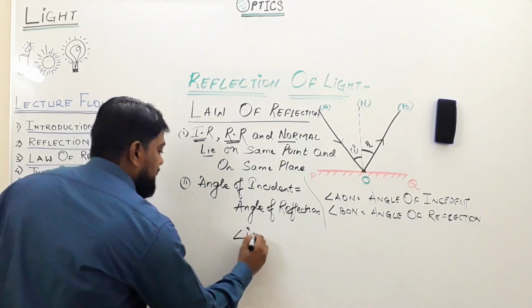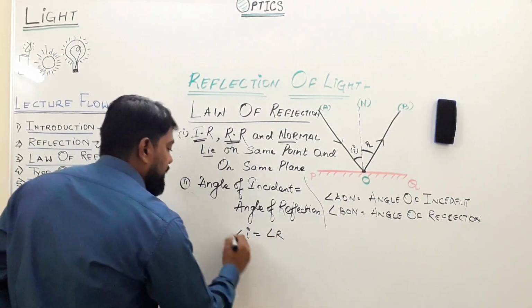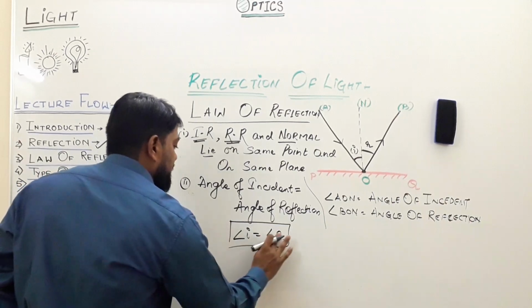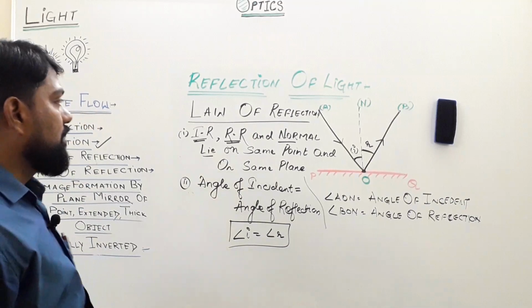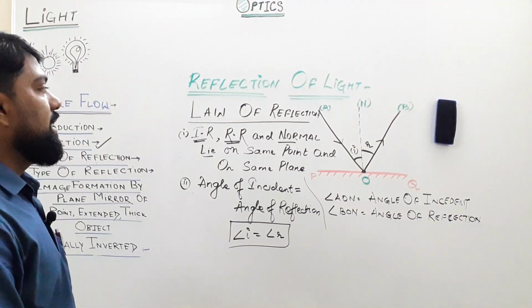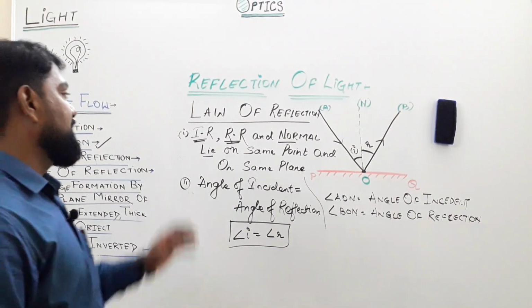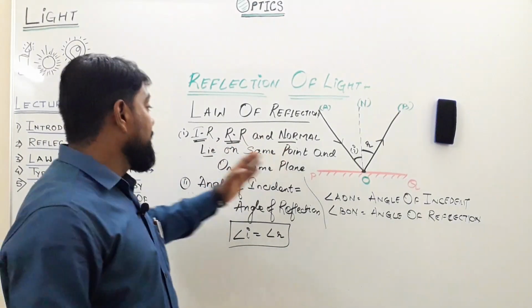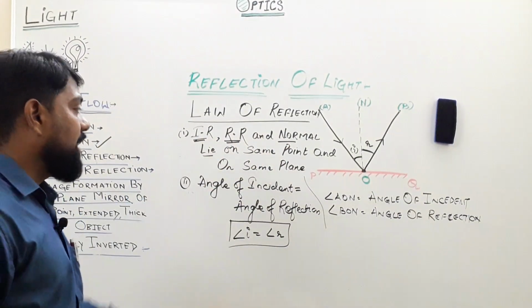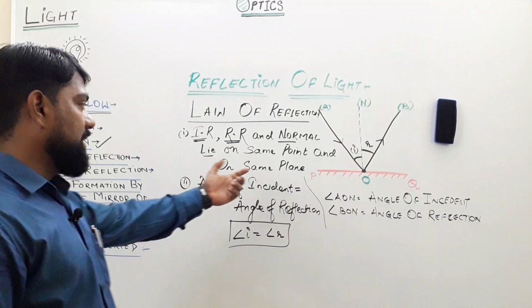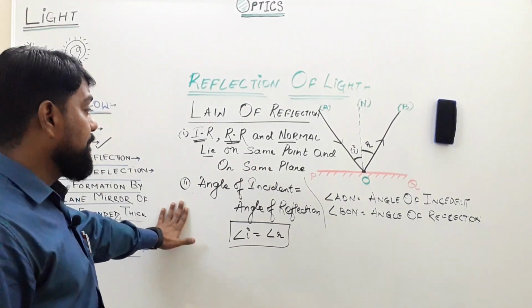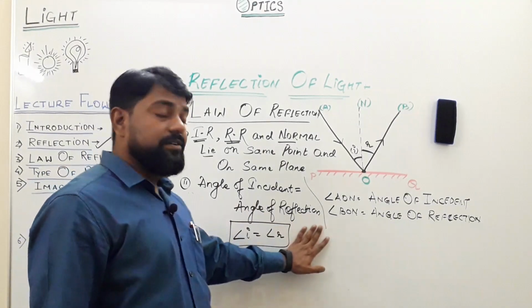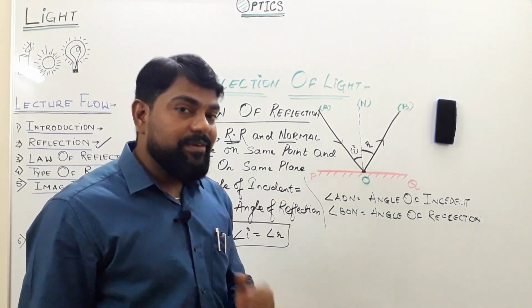Angle of incidence i is equal to angle of reflection, which you can take as a small r. So this is the law of reflection that we have come to know. The law of reflection states that the incident ray, reflected ray, and normal lie on the same point and on the same plane. It's very important. And the second law says that the angle of incidence is equal to the angle of reflection.